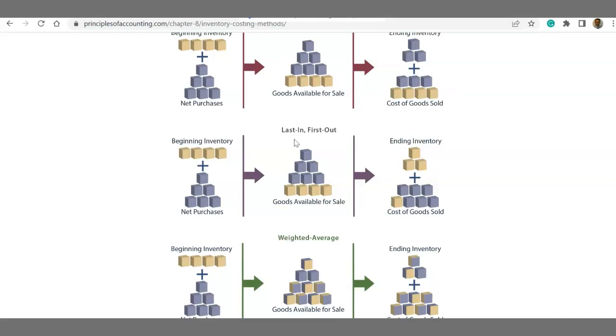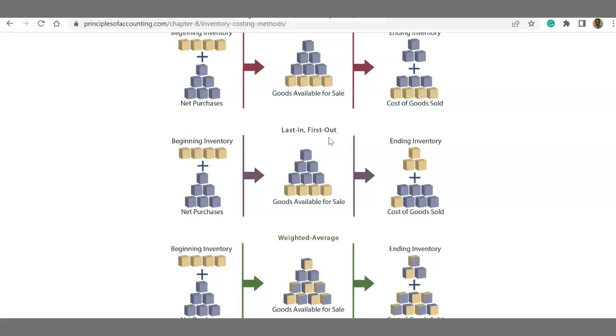So that's why oil companies, gas companies, energy companies like LIFO, to show a more moderate amount of income and not create a big deal, because people get upset at these companies who are making so much money right now while people are under pressure.